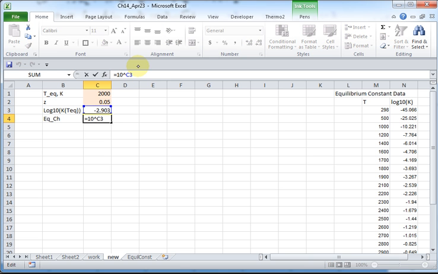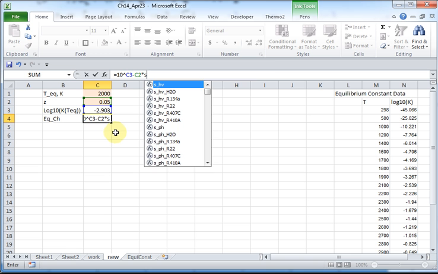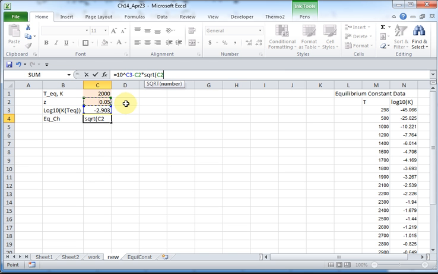Okay, so now I have 10 to that, so that's what k is. And now I have to type in the other side of the equation. So I subtract, and what was my equation? Was it z times the square root of z divided by 2, divided by 1 minus z, times, in parentheses, 1 over what did we have in the denominator?